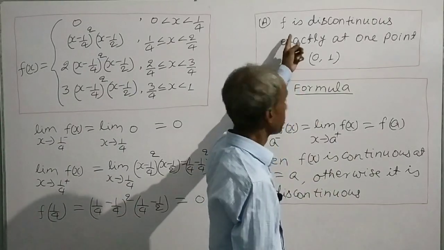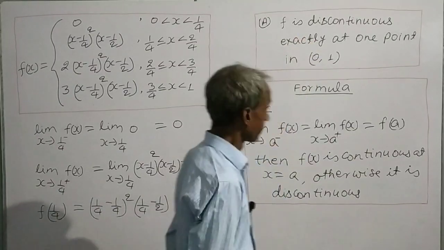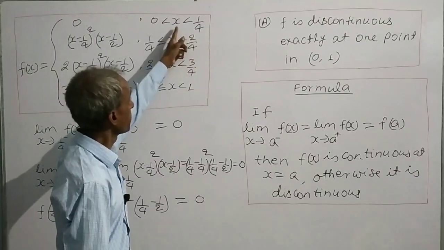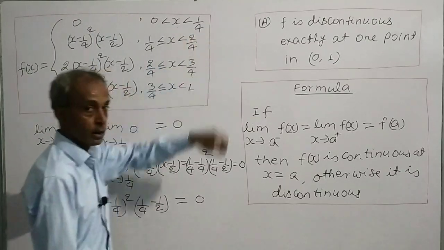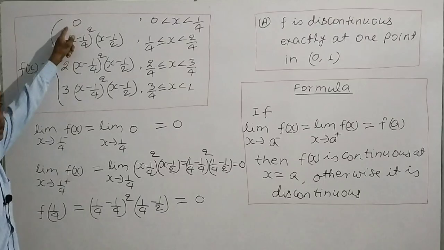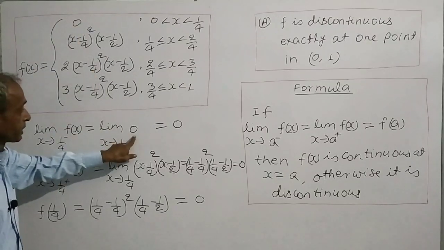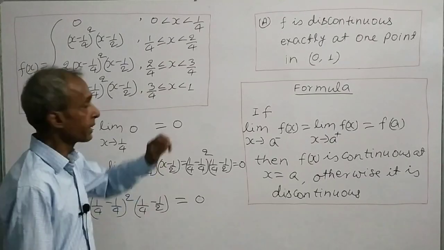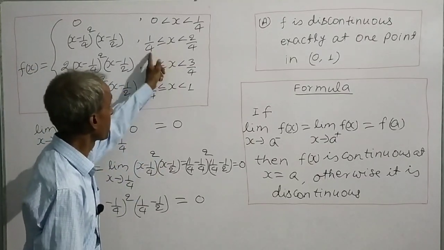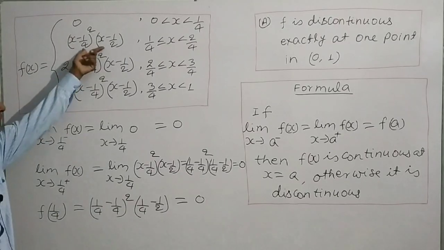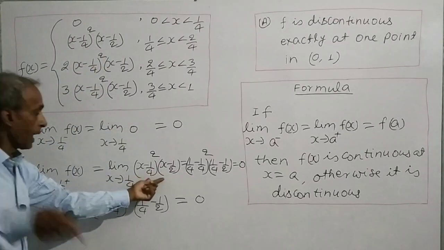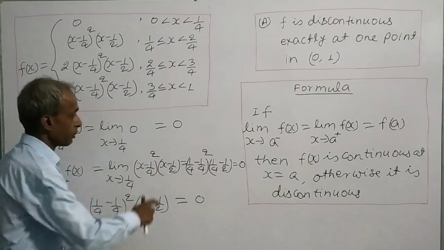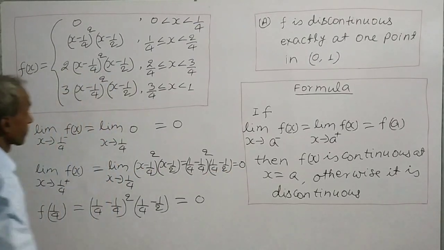Now, we have to check this option. When x is less than 1 by 4, the function is given by this expression 0, and that will be equal to 0. When x is greater than 1 by 4, the function is given by this expression, and when we put 1 by 4 in place of x, we get 0.